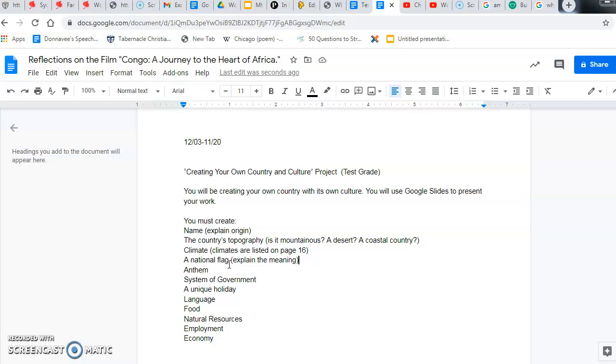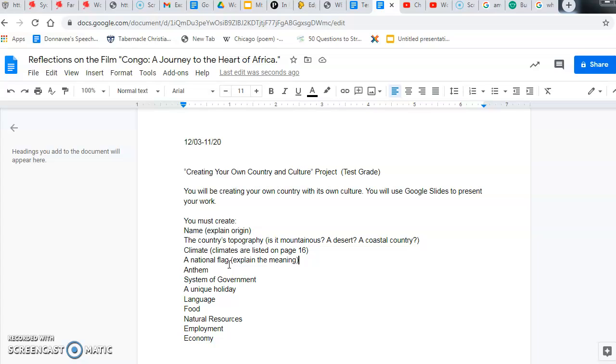So, for instance, red represents the courage and bravery of the people of America because it represents the blood that was shed by soldiers and making sure that America maintained her freedom. So I'm looking for something like that with your flag. You're going to want to explain the meaning of your flag.